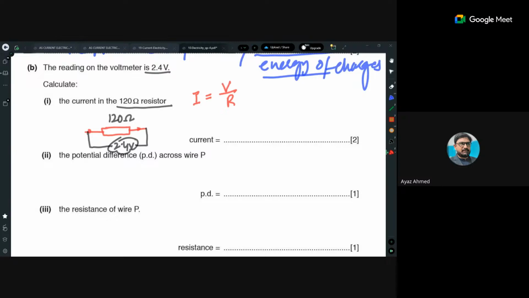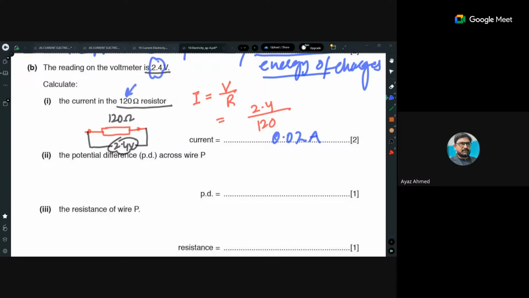resistance is available, so I would simply write 2.4 divided by 120. I will be thankful if you will do the correct calculation for me. 2.4 divided by 120 is 0.02 ampere. Yes, 0.02 ampere is the current flowing in this. You have to be very careful about the answers as well, because there are two significant figures in the data.